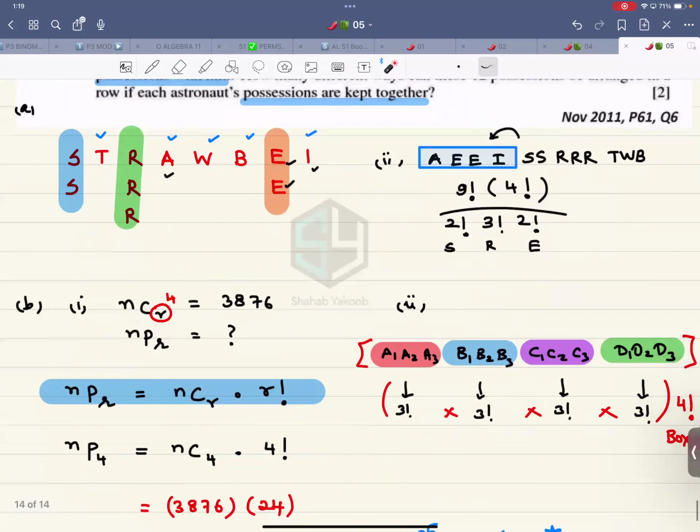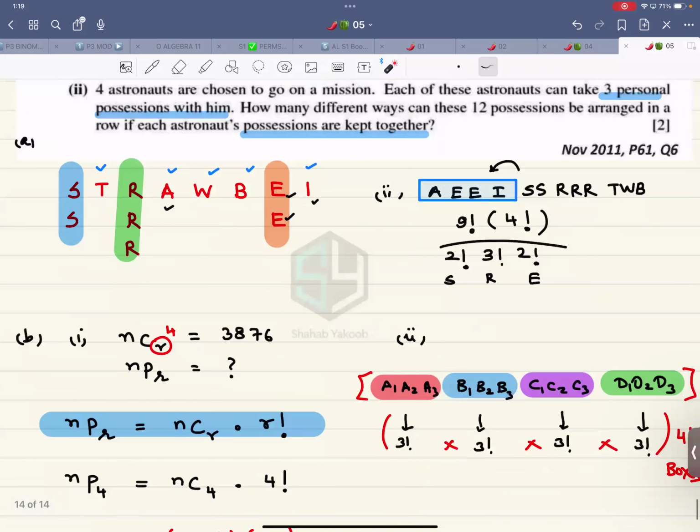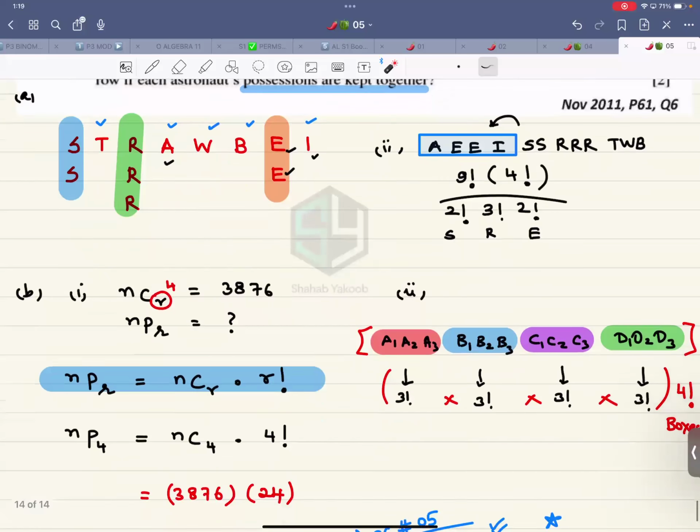Now we have 4 different astronauts, so astronaut A, B, C, D. Their personal possessions 1, 2, 3, 1, 2, 3, whatever that is. It should all be kept together. So A1, A2, A3 together, another box, another box. But it's not necessary that the lining of these boxes should be in this order. So 3 factorial for each one of them multiplied by 4 factorial for the boxes.